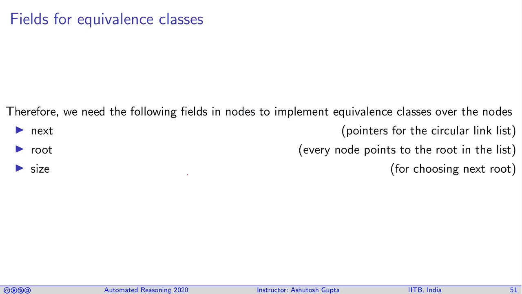So for each node you will have this next pointer which records the circular linked list, and a root pointer which everybody points to, the representative node, and the size, because you need to update the root pointer on the nodes of whichever equivalence class has lost. Typically the loser is the smaller one, so that you have to do less work to update the root pointer. So you need to keep a record of the size.